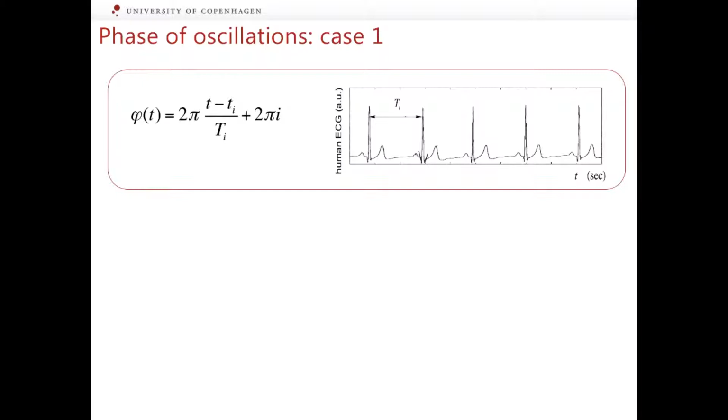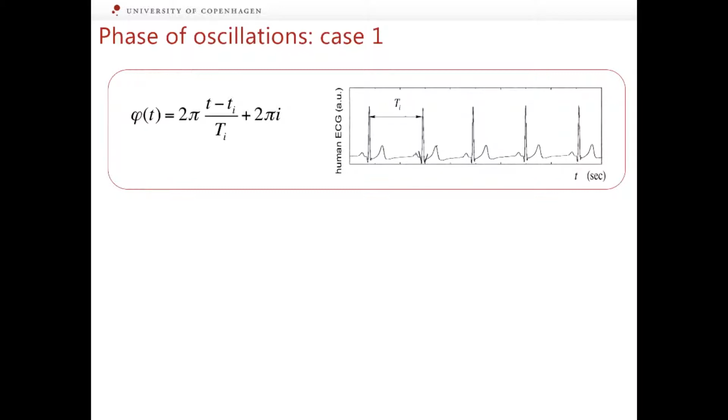The formula expressing how the phase phi depends on time is given to the left of the ECG. Here, small t is time, small t_i is the moment when the ith R peak occurs, and capital T_i is the interbeat interval, which means the interval between the moments t_{i+1} and t_i.